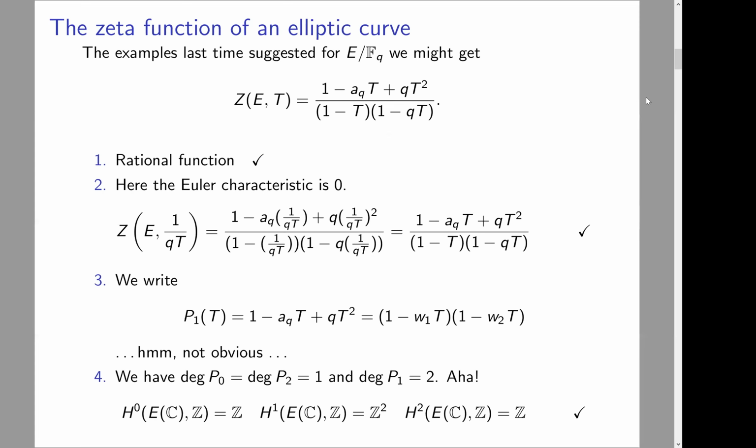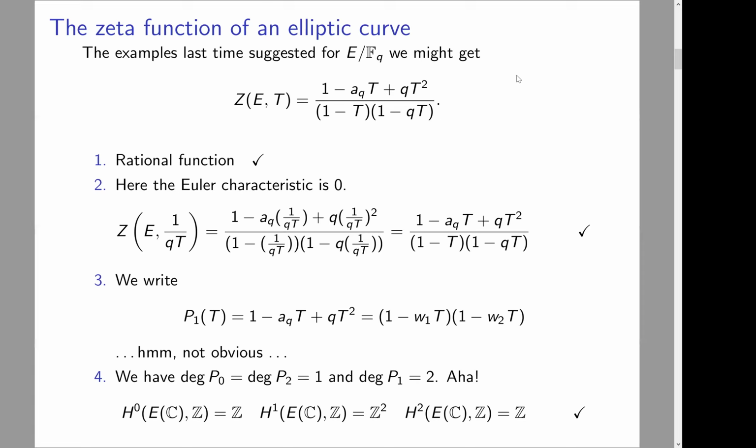So we did some examples last time. We computed some point counts. We computed some power series and noticed that actually, once we took out the right factors, we were getting things that look like rational functions. And for an elliptic curve over a finite field F_q, we said that the zeta function of the elliptic curve was this particular rational function.